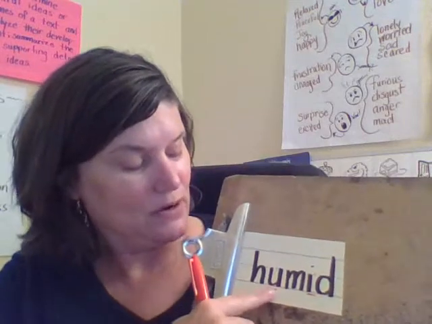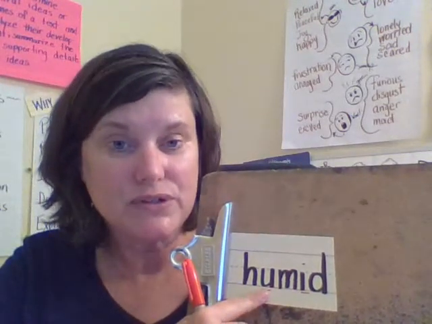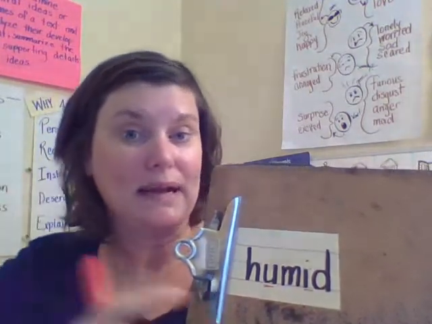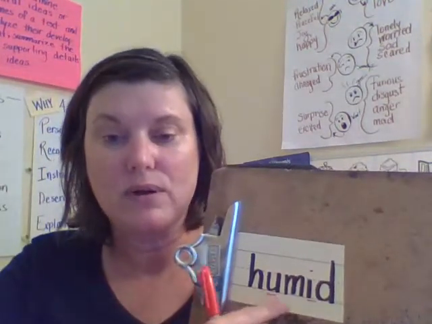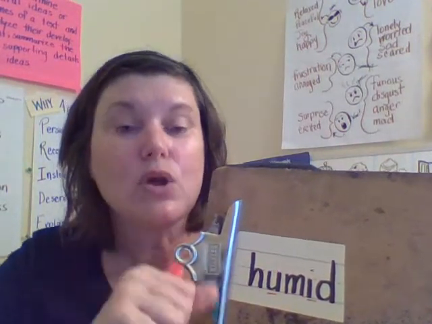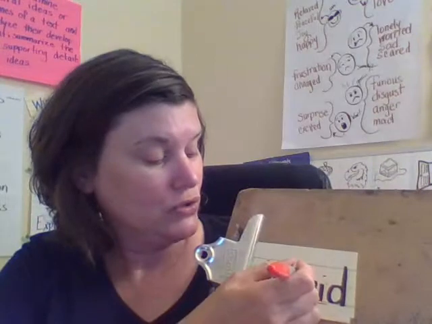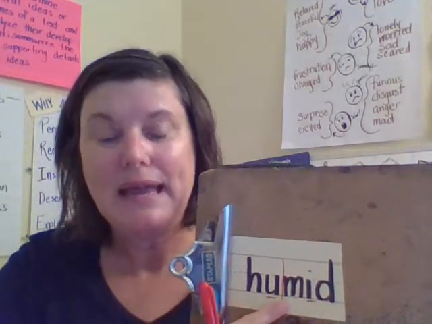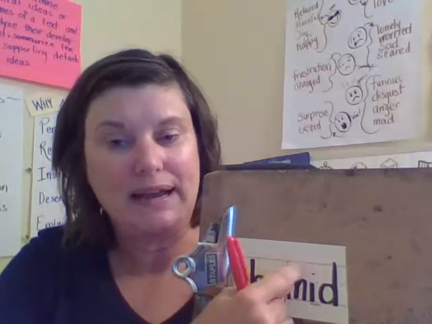So let's look here. We know the first thing to do is find the first vowel and see how many consonants there are. So vowel, consonant, vowel. So there's one consonant. We know usually you divide before the consonant. Now, if that doesn't work, then we divide after.